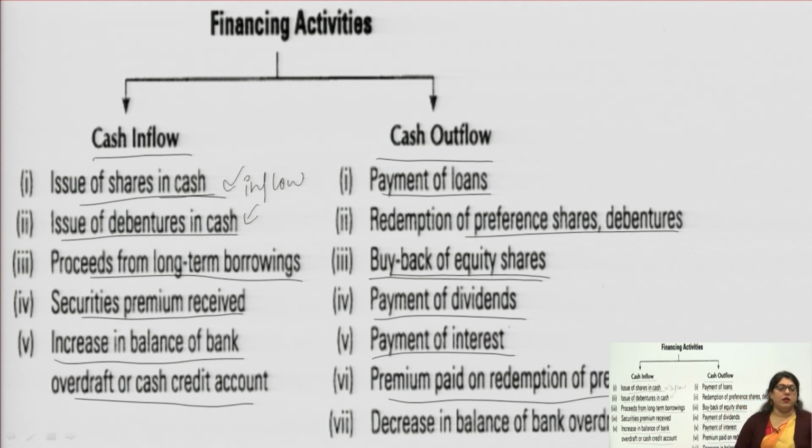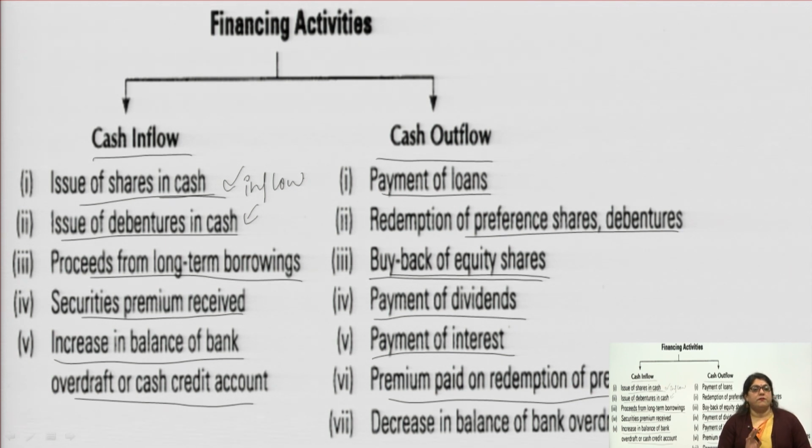Sometimes we are issuing the debentures or preference shares at a discount, and sometimes we are issuing them at a premium. Discount means what? Suppose the amount for the share is 100 and you are issuing it at a discount, meaning you are charging less.